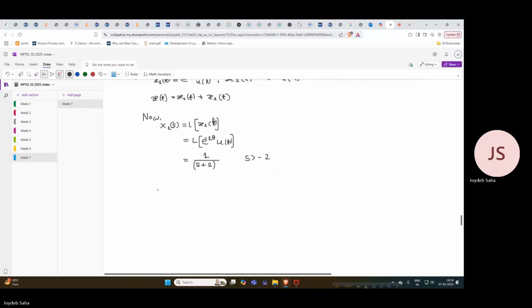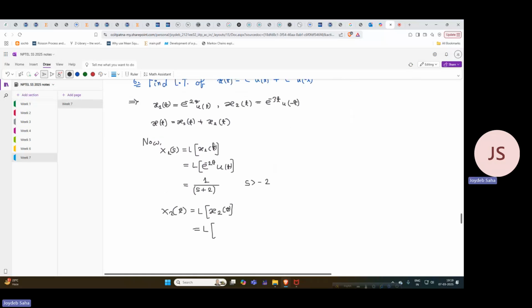And X2(s) is Laplace transform of x2(t), which is Laplace transform of e to the power minus 3t u of minus t.